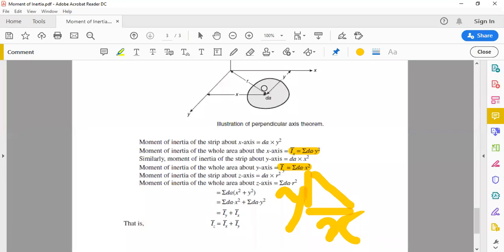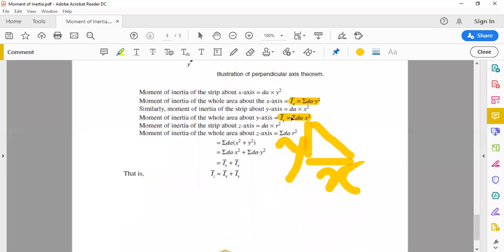If we apply the Pythagoras theorem here, x square plus y square is equal to r square.